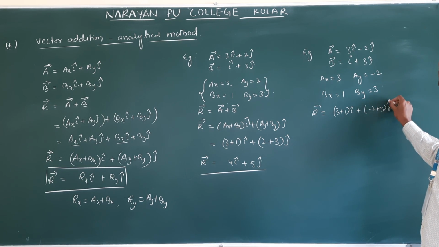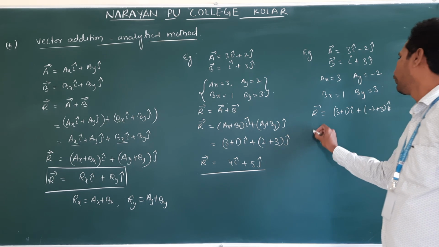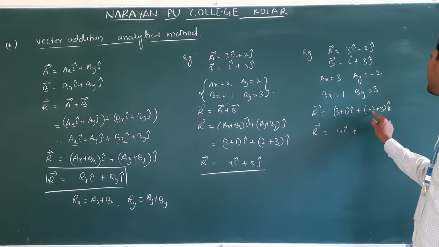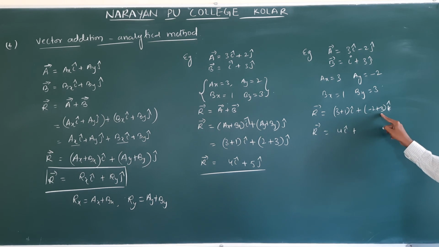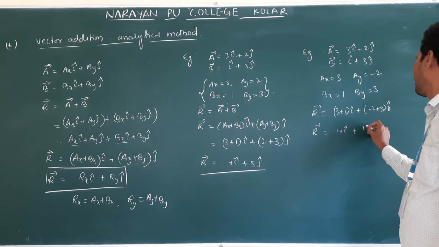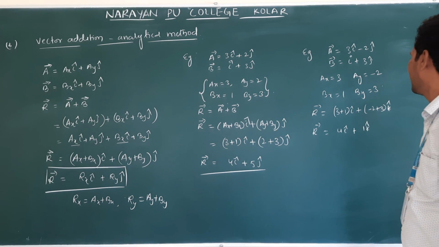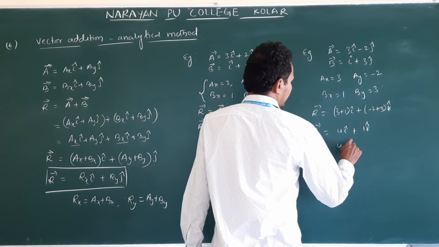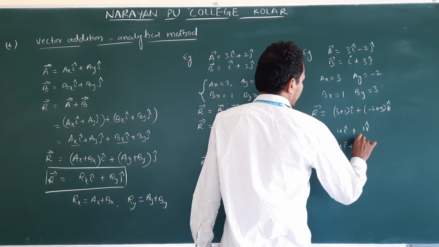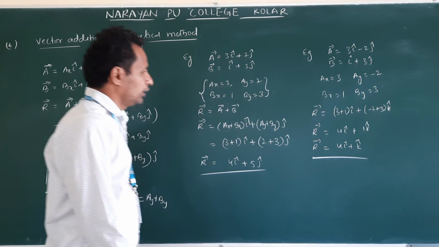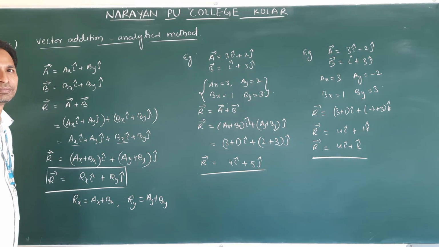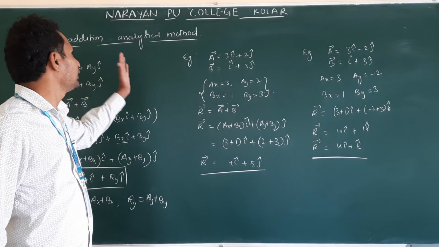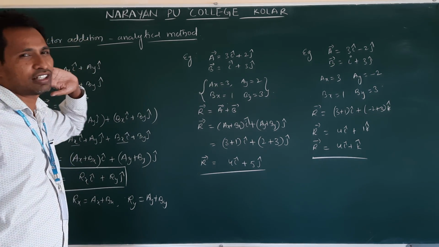It is 1. Now finally R is equal to 4 i cap plus minus 2 plus 3, 1 k cap. Instead of writing 1, you simply write k cap. Understand? Clear? Now this is the way to do the addition of vectors.